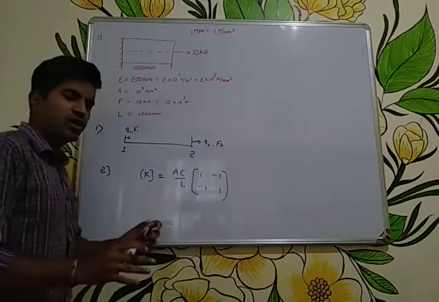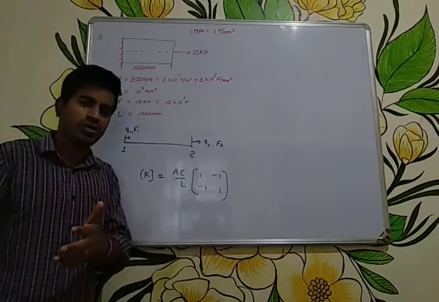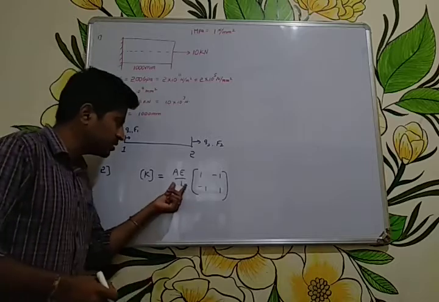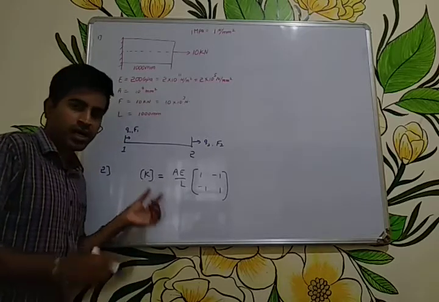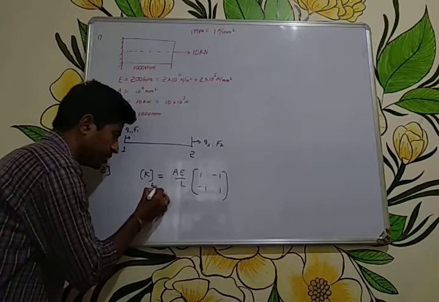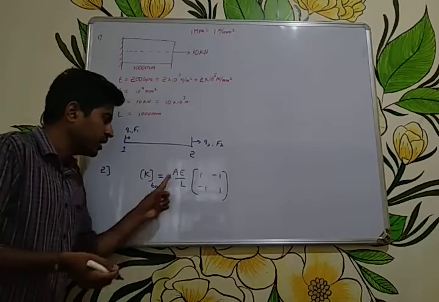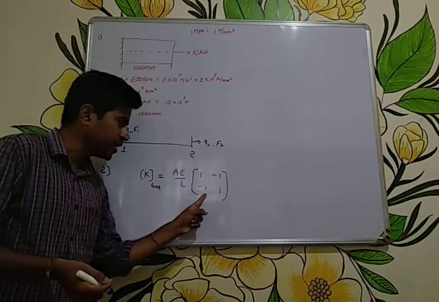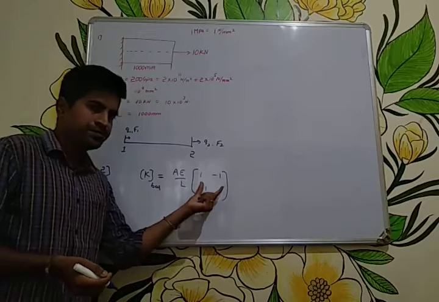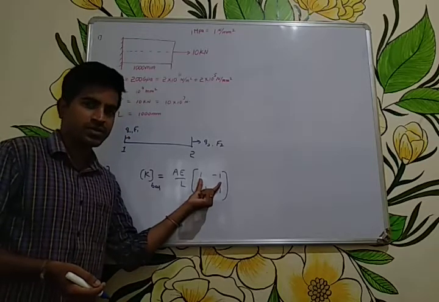This is a small derivation we went through in the last video. That is the stiffness matrix for a bar element. Remember, this is for a bar element: AE by L [1 -1; -1 1]. This is a simple 2 by 2 stiffness matrix.